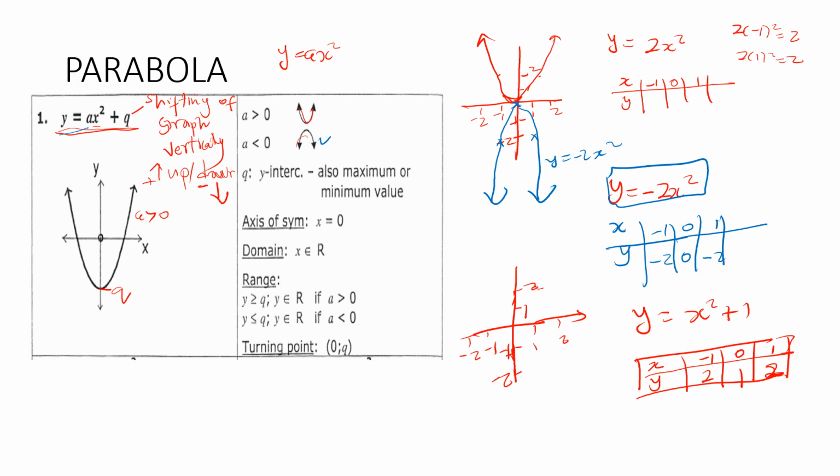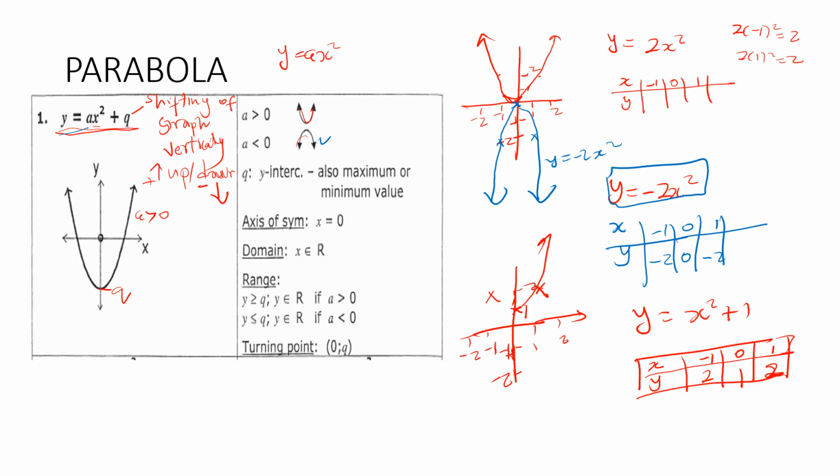Now let's plot the graph. So if you put the 0, we have 1. So we'll pass through this point. Then if you put 1, then it's going to have an output value of 2 here. And then if you put minus 1, it's going to have an output value of this one.